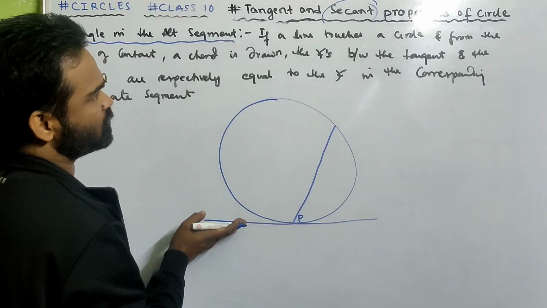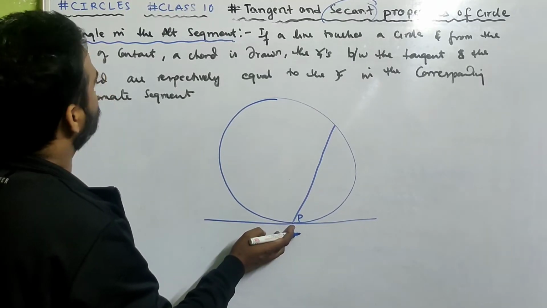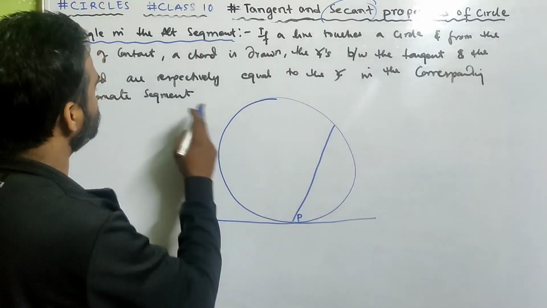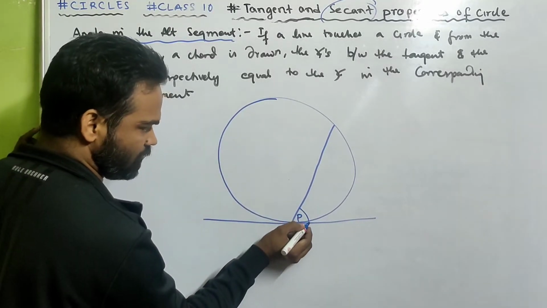Then the angle between the chord and the tangent. See, if a line touches a circle and from the point of contact a chord is drawn, then the angle between the tangent and the chord, this angle, first of all I'm taking this angle.